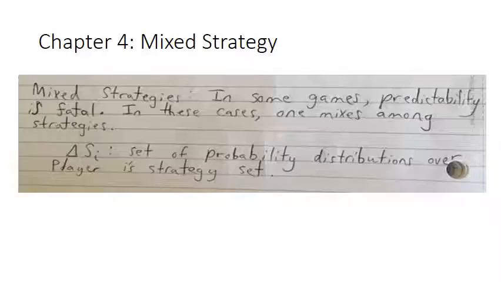So the batter might be timing for fastball 80% of the time, timing for breaking ball 20% of the time, or timing for fastball 70% of the time, timing for breaking ball 30% of the time, etc. So all of these are possible probability distributions over player j's, or the batter's, strategy set. So Δ capital S sub i is the set of possible probability distributions that can be chosen.